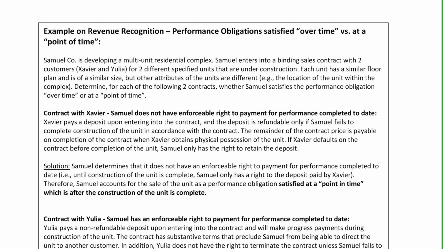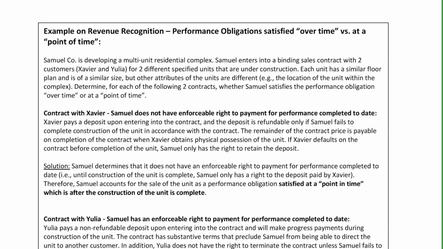So the first one, the contract with Xavier, where Samuel does not have an enforceable right to payment for the performance completed to date. So Xavier pays a deposit upon entering into the contract, and the deposit is refundable only if Samuel, the developer, fails to complete construction of the unit as per the contract.